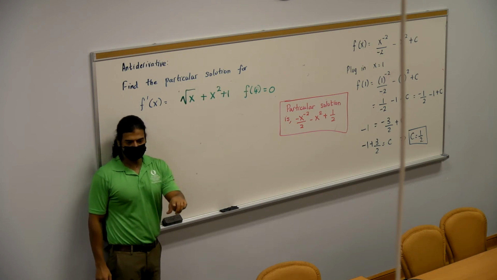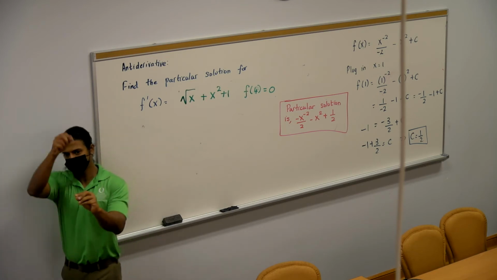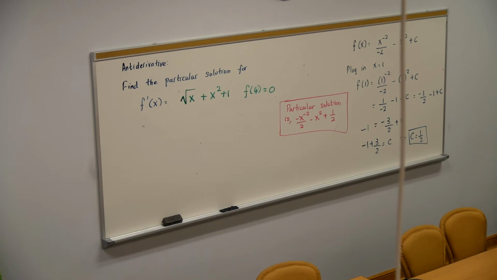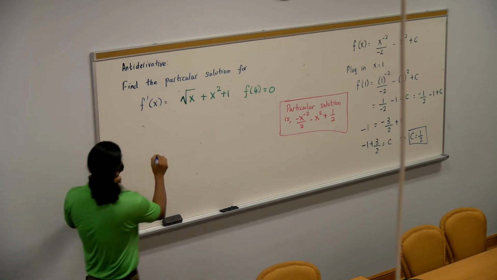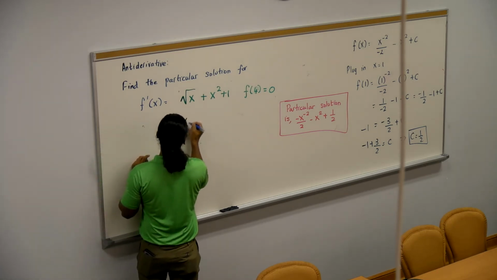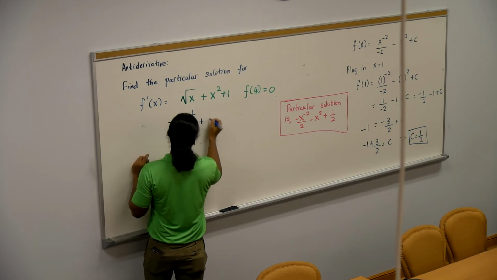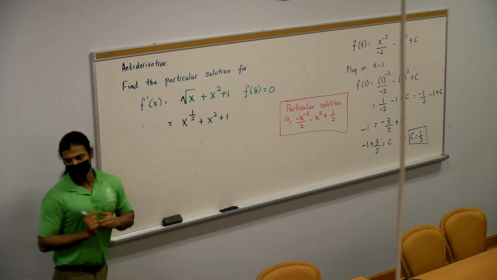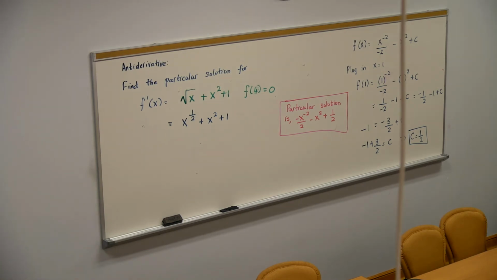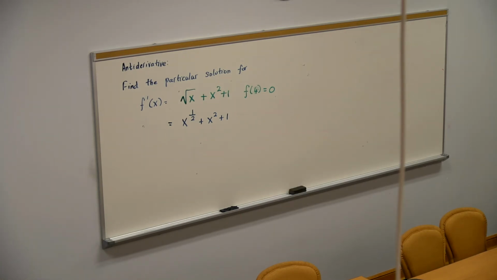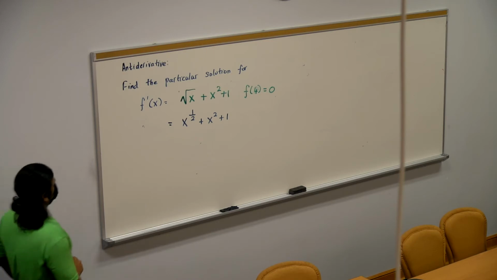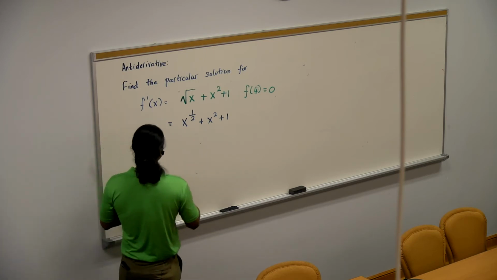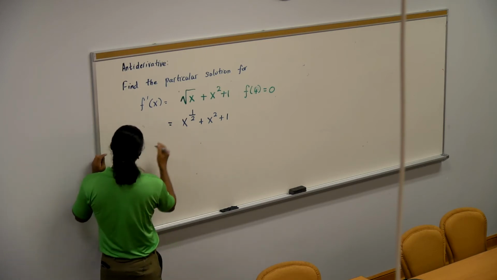How could you write that? Square root of x as x raised to the power of something. What should the power be? Isn't it 1/2? Yeah. Okay. So if you rewrite this, it would simply be x raised to 1/2 plus x squared plus 1. So go ahead and integrate it. Let's see if we can do it. So we've got to integrate that through integral.